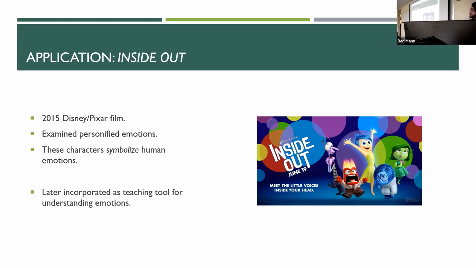I think one of the most interesting examples of how this is used is that this film is actually used as a teaching and pedagogy tool, particularly for children with developmental disabilities, who might have greater difficulty understanding the emotions that they experience or understanding how to differentiate emotions.